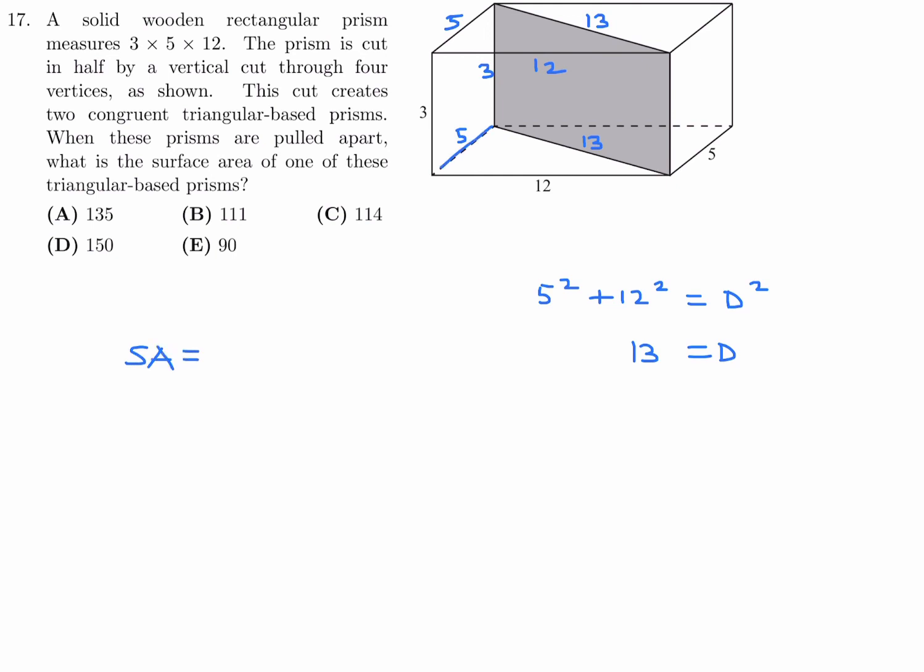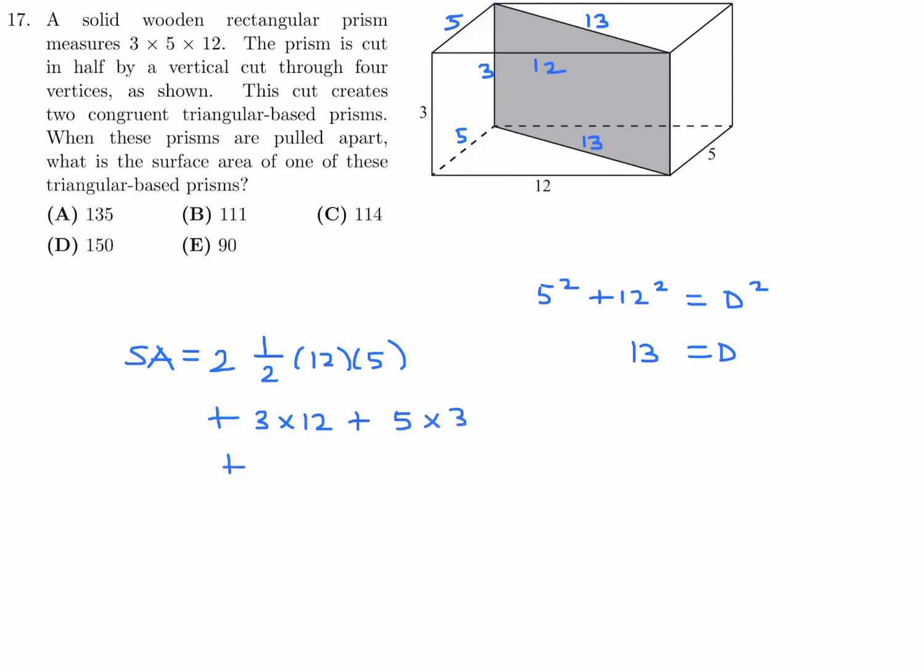So the first one will be the top and the bottom, and those are exactly the same. So it's 2 times 1/2 base times height, where the base is 12 and the height is 5. And then we will calculate that side, which is a rectangle. So that's just a 3 by 12 rectangle. Then this side here, which is another rectangle, it's a 5 by 3 rectangle.